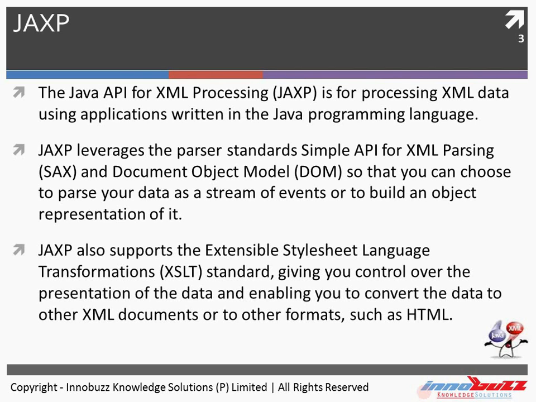JAXP also supports the Extensible Stylesheet Language Transformations, which we call the XSLT standard, giving you control over the presentation of the data and enabling you to convert the data to other XML documents or to other formats such as HTML.